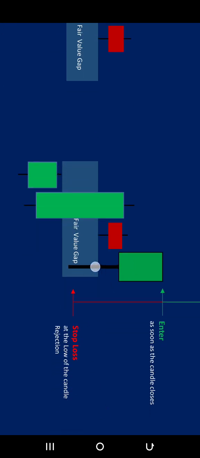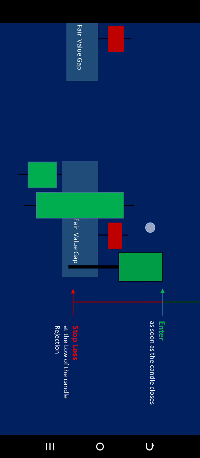Price enters into the fair value gap, and it got rejected by the creation of this wick. Not just that, it kept on pushing up with a bullish body. So this candle is a rejection. After you have confirmed that it is a rejection candle, you wait for the close of this candle. The moment this candle closes, you enter immediately.